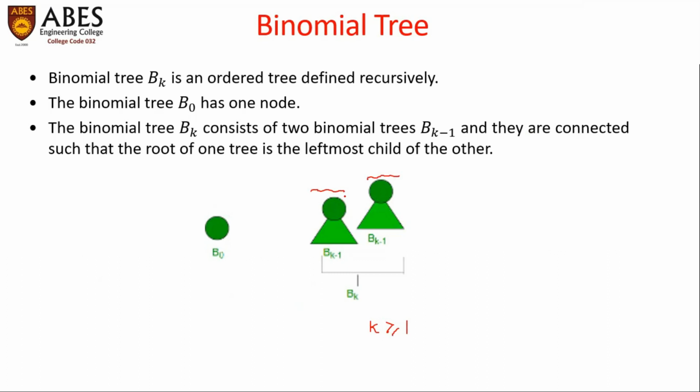Then how will we connect both of these binomial trees together? We'll connect it like this. The root of one tree is the leftmost child of the other, meaning one is the root node and the other is the left child of this root node, as you can see. Like this, we have to connect these two binomial trees. If you don't understand it till now, we'll take more examples, then it will be clearer to you.